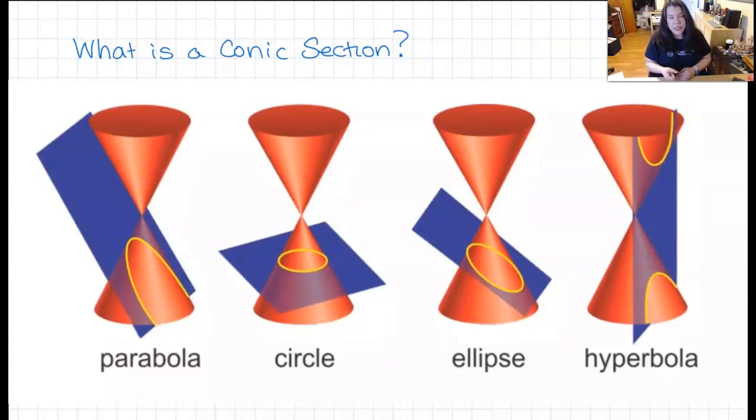If you want to have some fun, you can take a flashlight, and depending on how you aim the flashlight at a wall, you can get the different conic sections. Because if you think about the beam of a flashlight, it comes out in a cone. So if you beam the flashlight perpendicular to a wall, you're going to get a perfect circle. If you go at just a little bit of an angle, you're going to get an ellipse. And this is going to be hard because you can't see the actual sides of the cone of the beam.